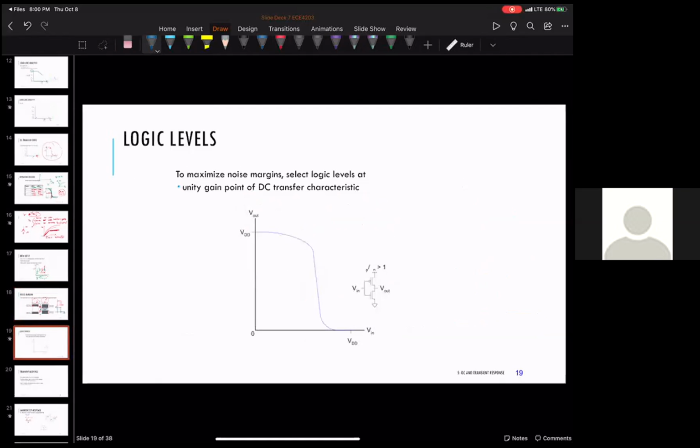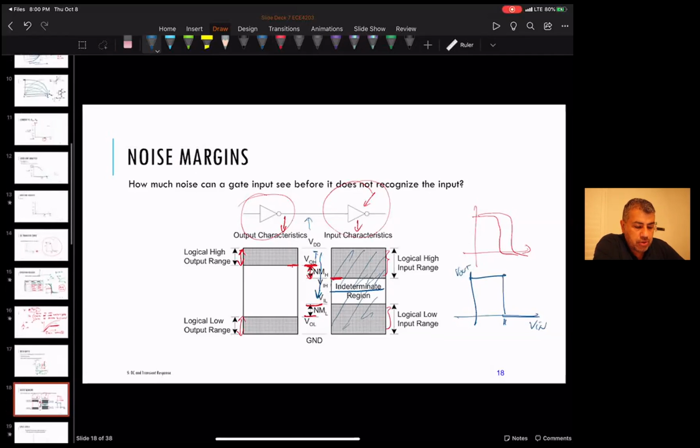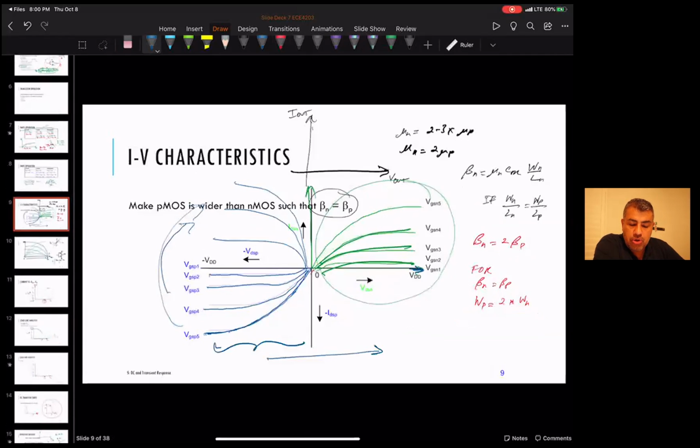Okay. Doesn't the noise margin mainly deal with the manufacturing of the actual transistor itself? Or is it not determined by that? I guess in some sense it does. What the manufacturing of the transistor does is it gives you these curves, right?